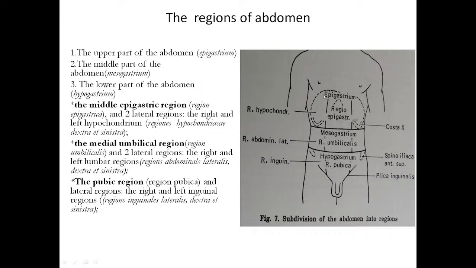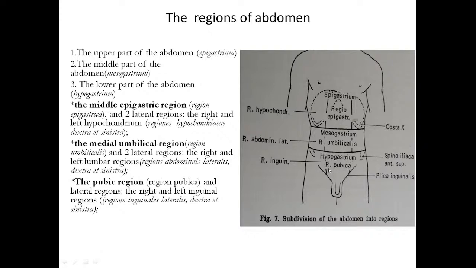The upper part of the abdomen is the epigastrium, the middle part is the mesogastrium, and the lower part is the hypogastrium.